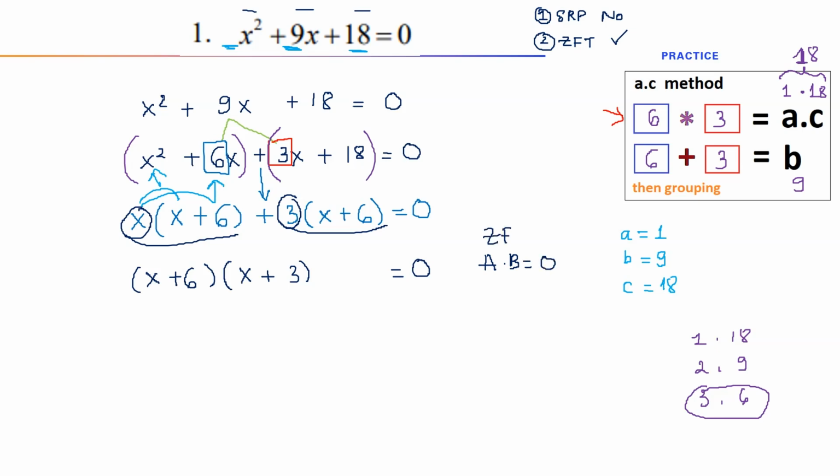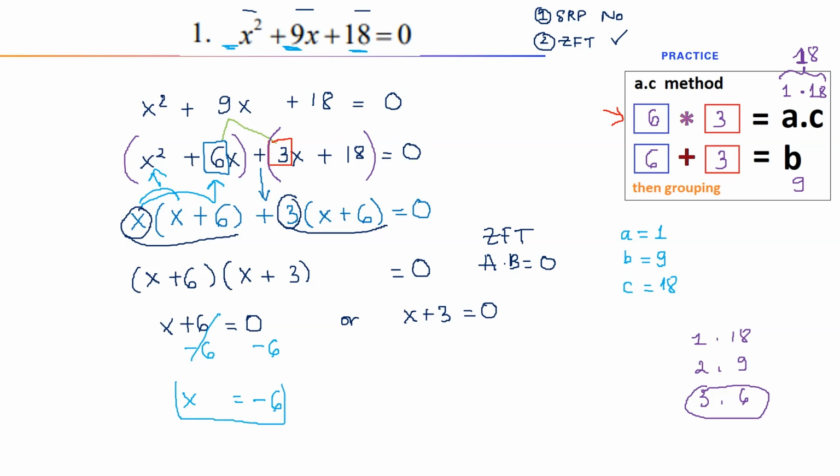Zero factor theorem, right? So x plus 6 equals 0, or x plus 3 equals 0. For the first one, x plus 6 equals 0, I subtract 6 from both sides. On the left hand side, I am left with x. 6 minus 6 is 0. 0 minus 6 is minus 6. So x equals minus 6.